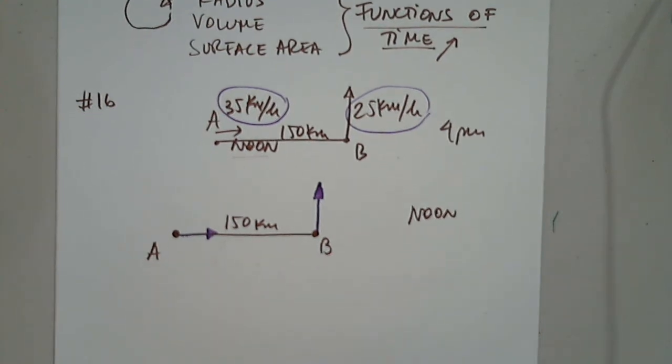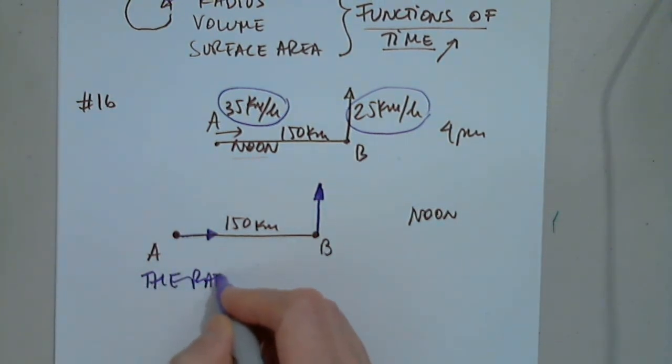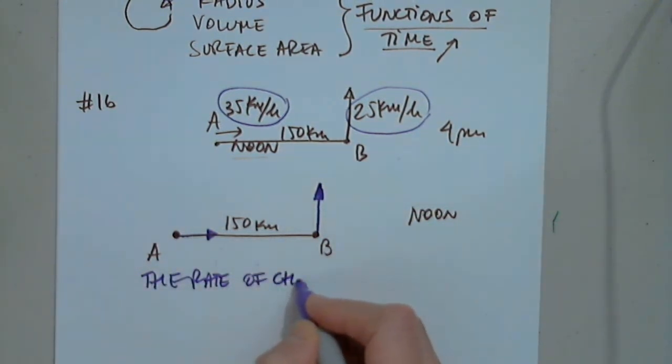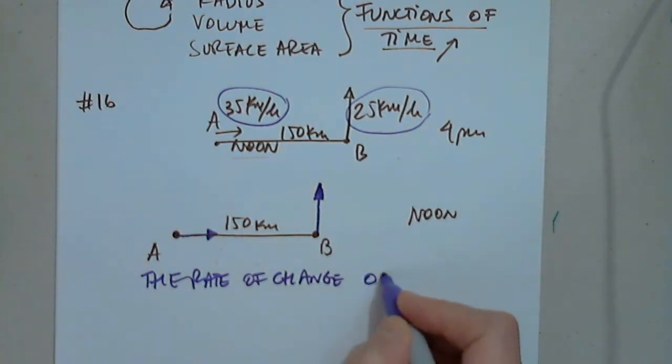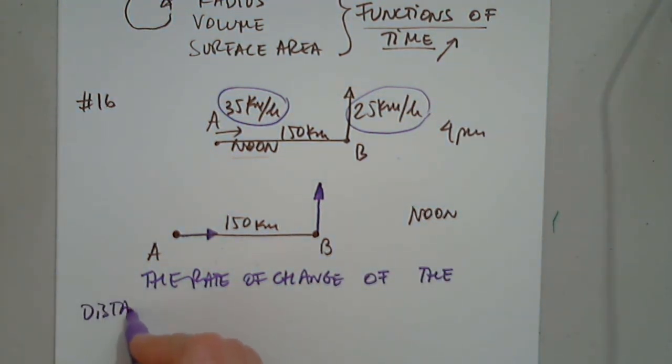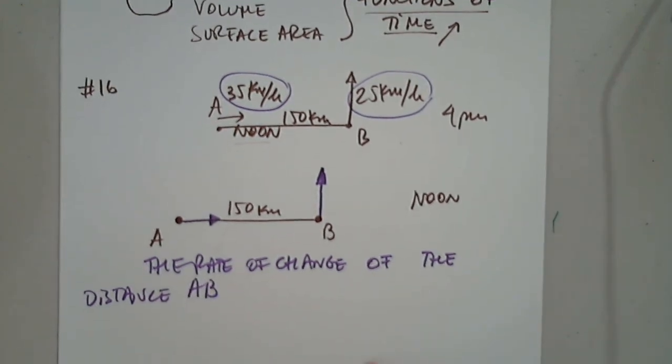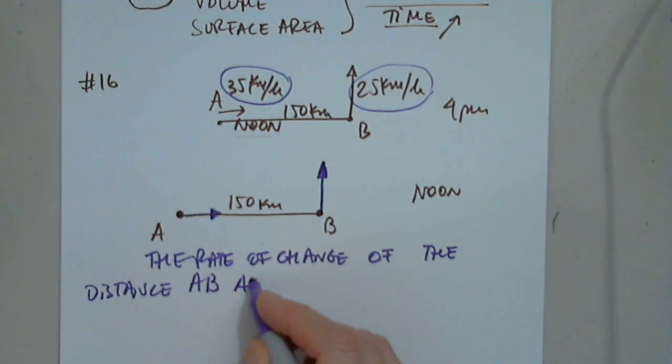They're asking us to find the rate of change of the distance AB at 4 p.m.